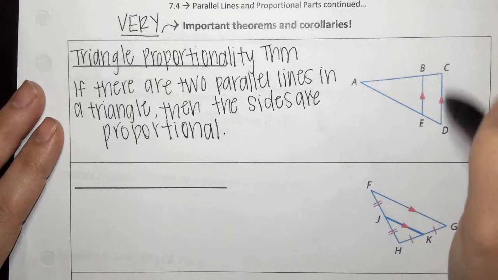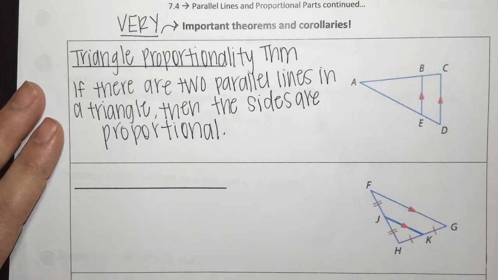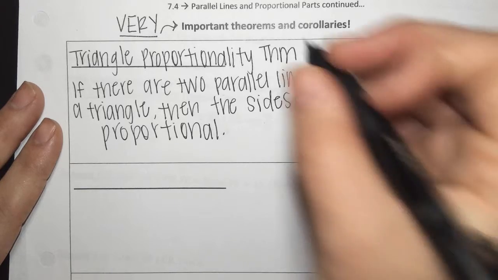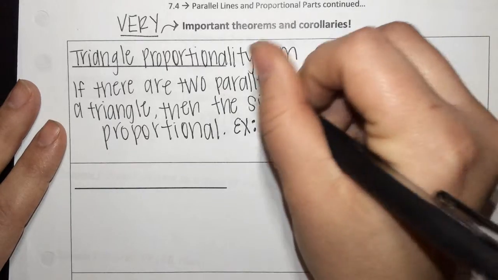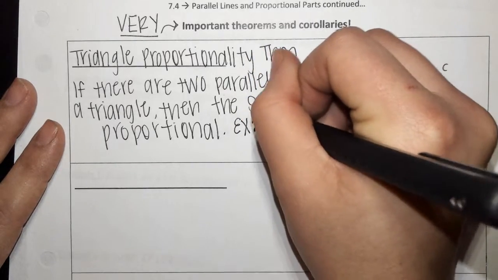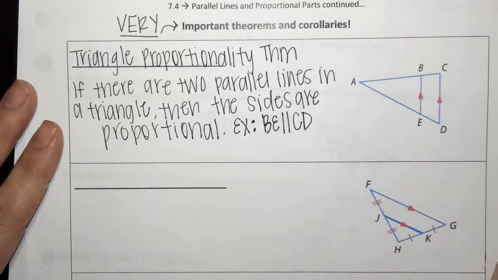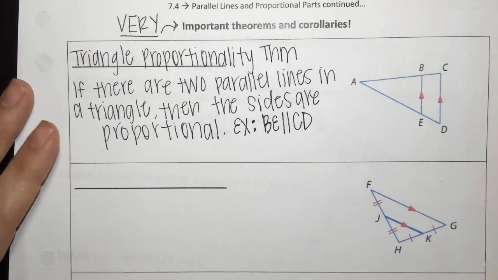So, tell me, which 2 lines are parallel? EB and DC. So let's put the example and set up our own little equation right here. BE is parallel to CD. That is true. They told me that.